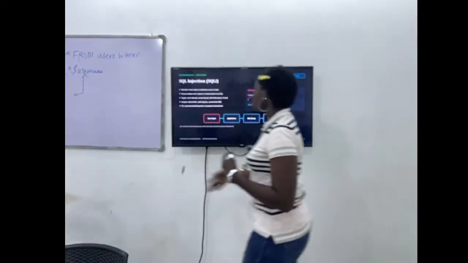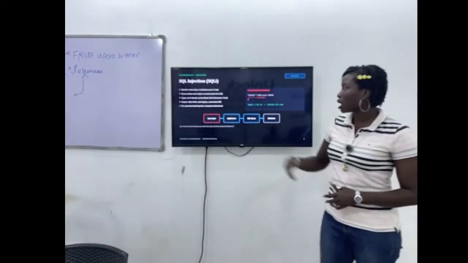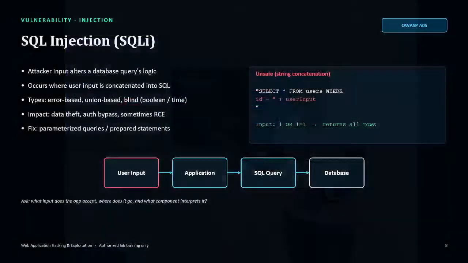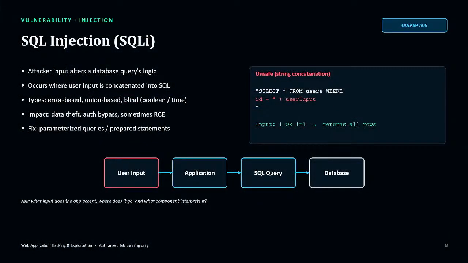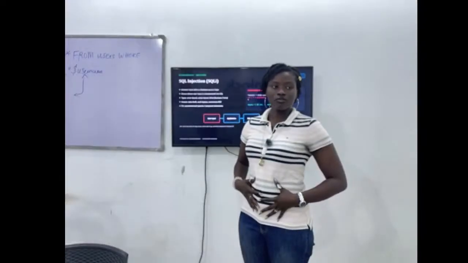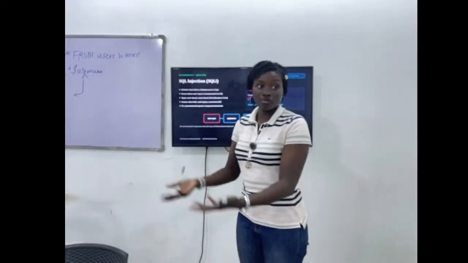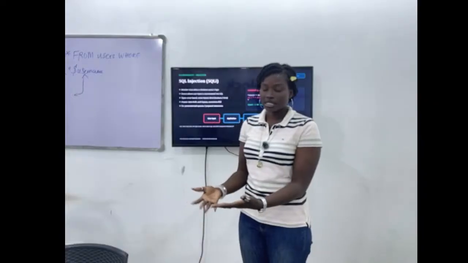So obviously, SQL injections come in as user inputs, right? You put in information, then your information gets into the application. The application takes that information and sends it as an SQL query, because that's what you gave it in the first place as a malicious user. That SQL query goes to the database. The database takes it and is like, yum, this is so delicious, right? Okay, I'm full. It gives you back the information that you requested.